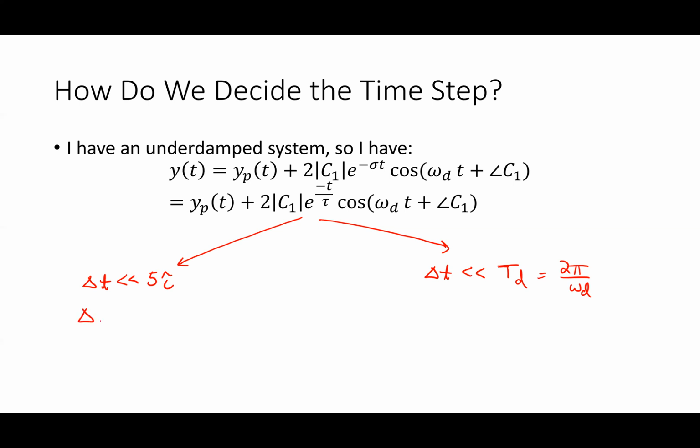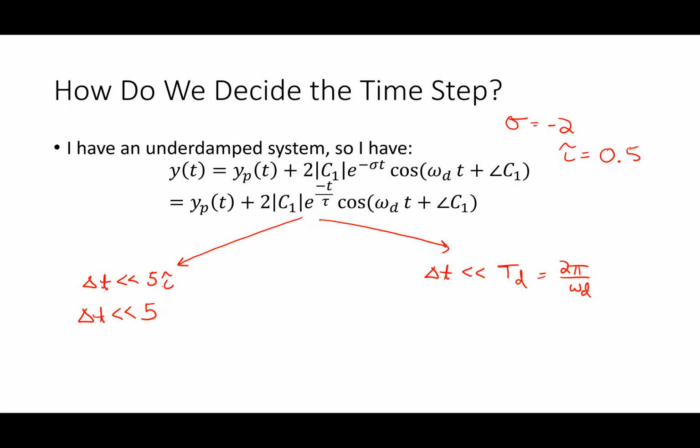My delta t could be much, much less than 5 tau. So what's my tau here? My sigma value was -2, right? Tau is going to be 1 over that. So what's 1 over 2? Well, 1 over 2 is 0.5, right?